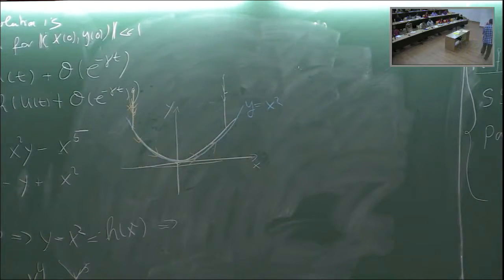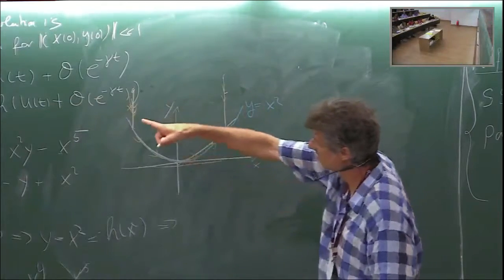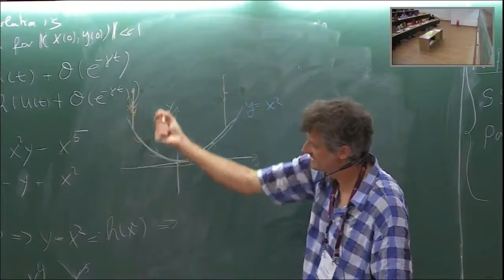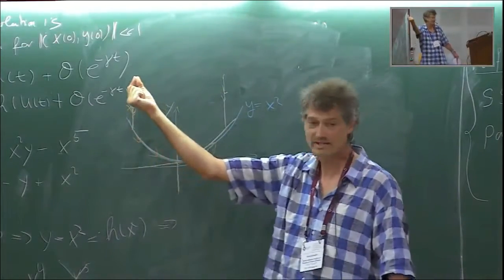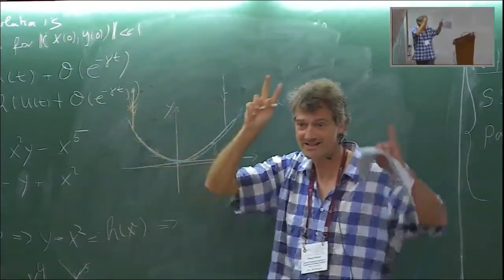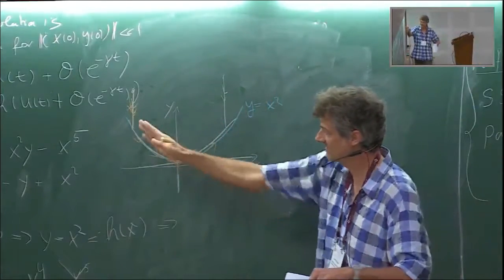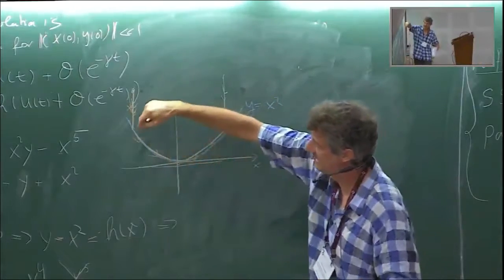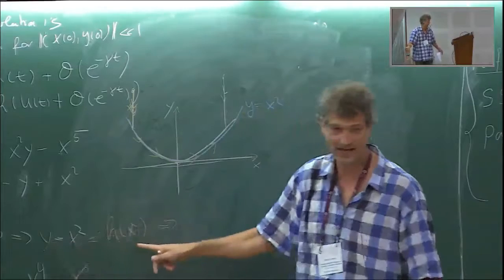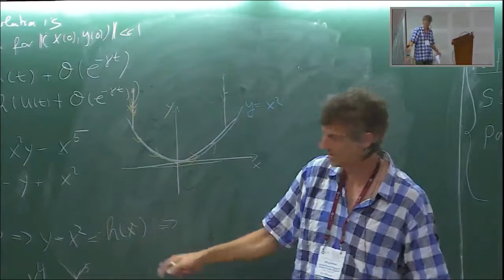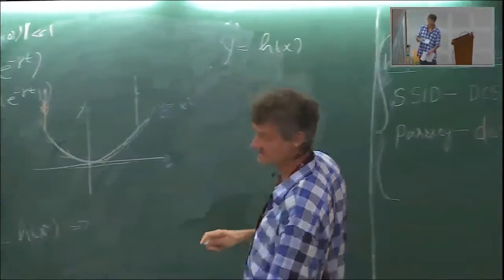But how do we find it? First of all, I should introduce some lingo here. What the existence of a center manifold says is that the fast dynamics, the y dynamics, is what's called slaved to the slow dynamics. The slow dynamics does something, and the y just follows through this algebraic relation that y is h of x. So this is the existence of a center manifold.